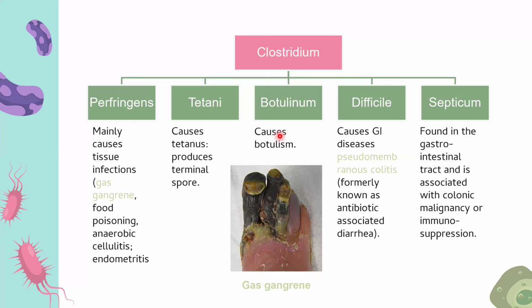Fourth is Clostridium difficile. Clostridium difficile is always, always, always associated with GI diseases. Something that it is known for is that if I were to give a person very prolonged antibiotics, particularly clarithromycin, what happens is that I am essentially sloughing off the normal microbiota of the GIT, which is very, very important.